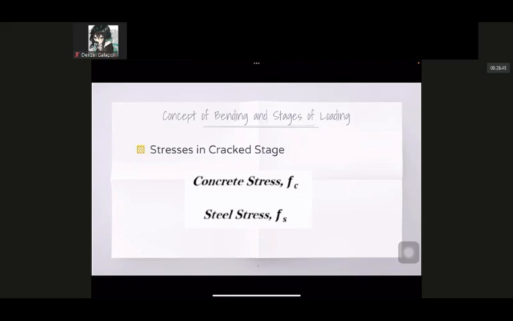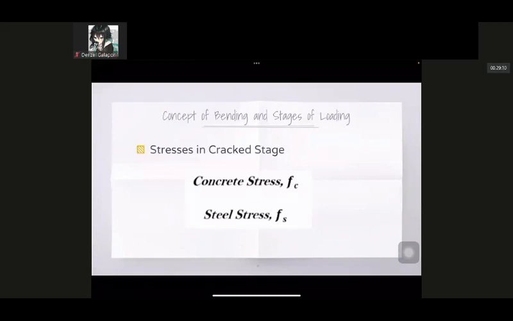If uncracked, meron tayong tatlong stresses, F sub CC, F sub CT, and F sub S, or the compression concrete, the tension concrete, and the steel tension.